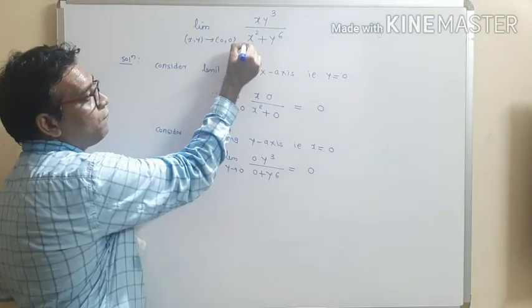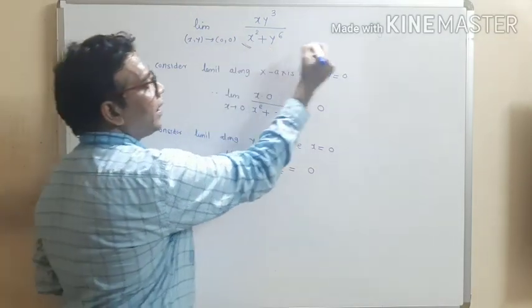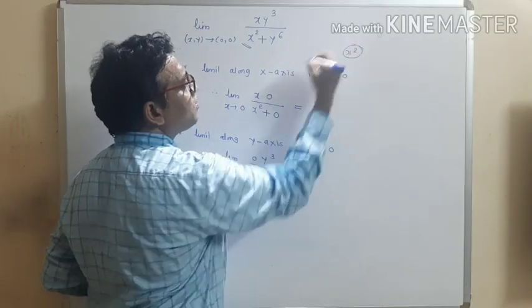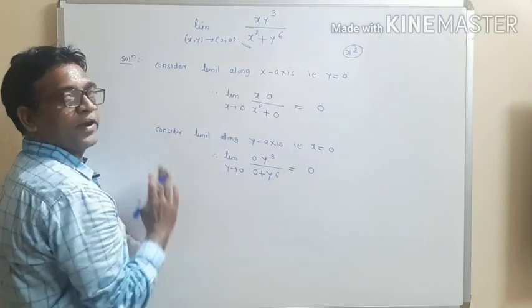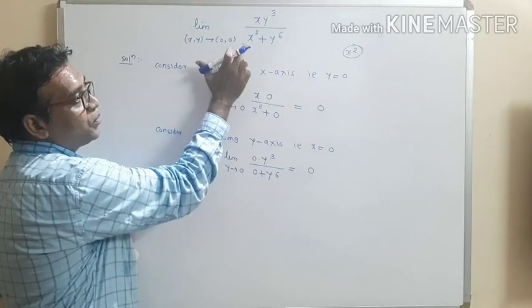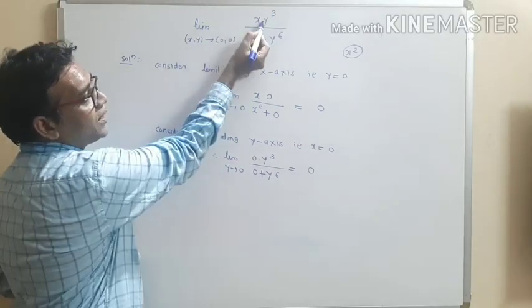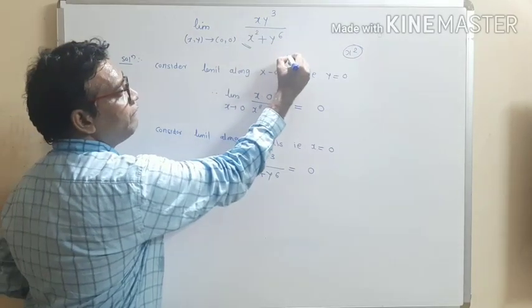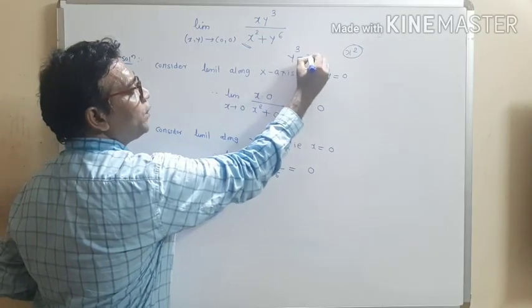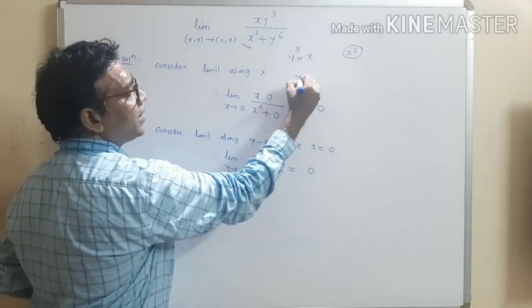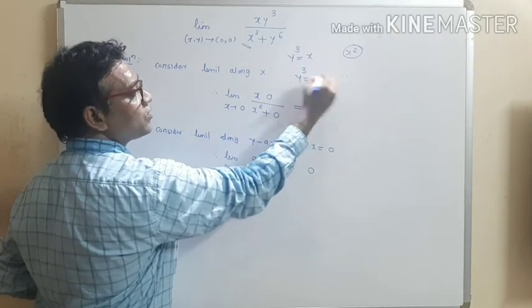What is the maximum power for x in denominator? x square, it is the maximum power for x in denominator. So we have to adjust this x square in numerator. Now already there is x, that means we have to take the path y cube equal to x, or we can take the path y cube equal to mx also.